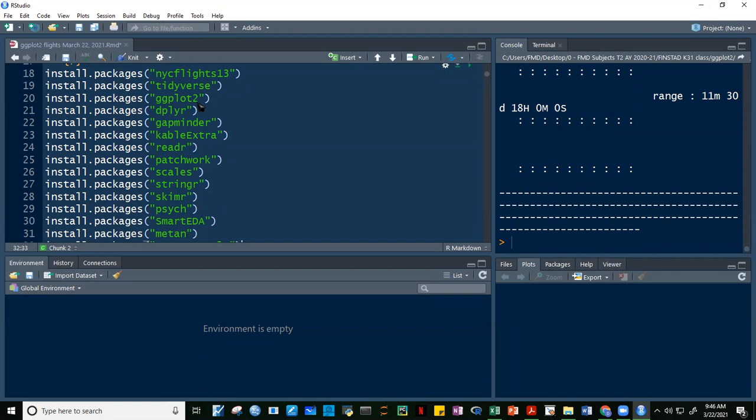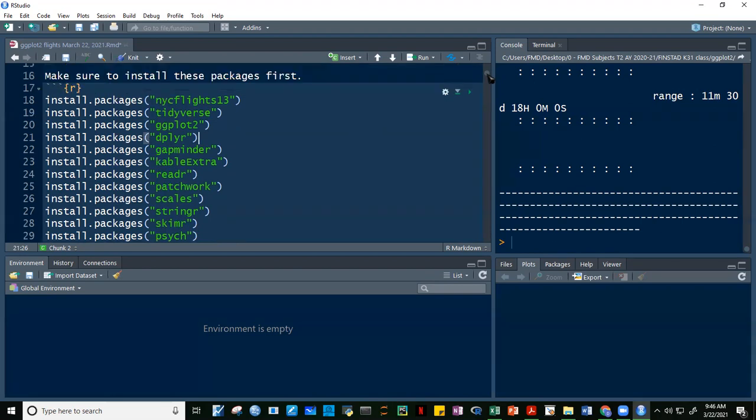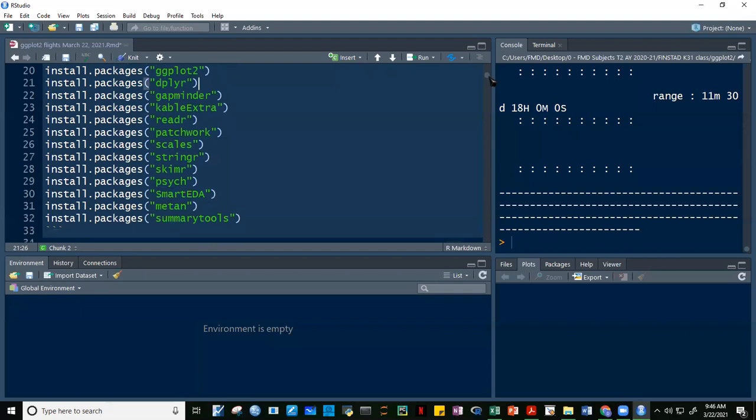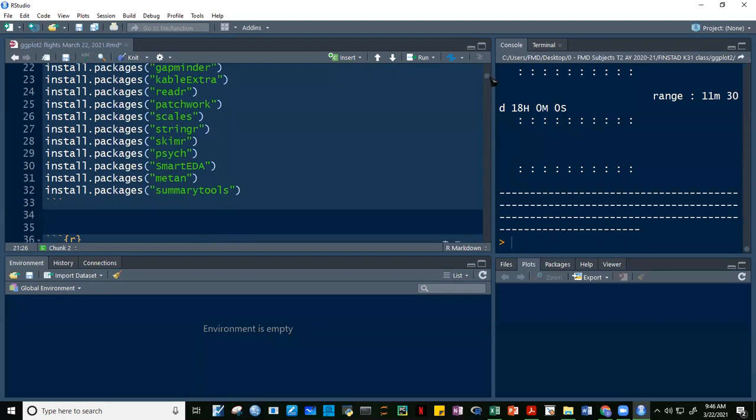Okay, so we start with ggplot2 today, and also dplyr. In the course of this discussion on data visualization, we're going to use dplyr, which actually is our next topic, data wrangling, data manipulation. But it's good already to start learning about the power of dplyr. We're going to see its use in a while. So I hope you have uploaded this.